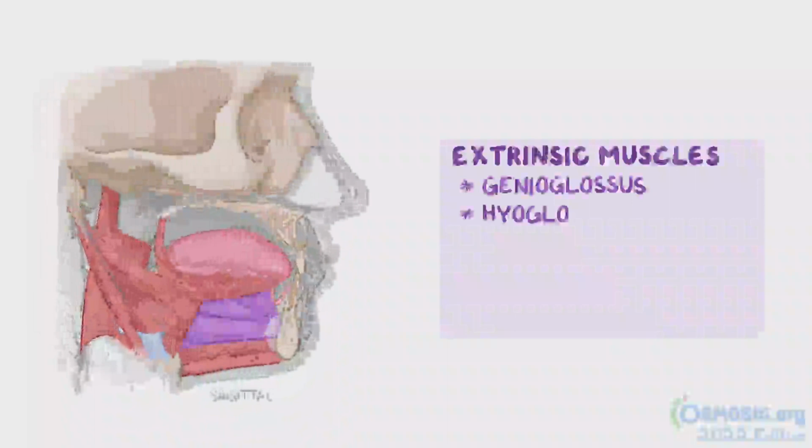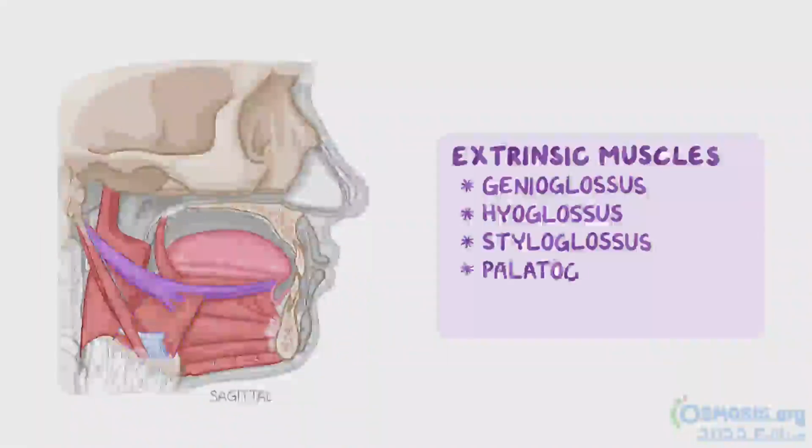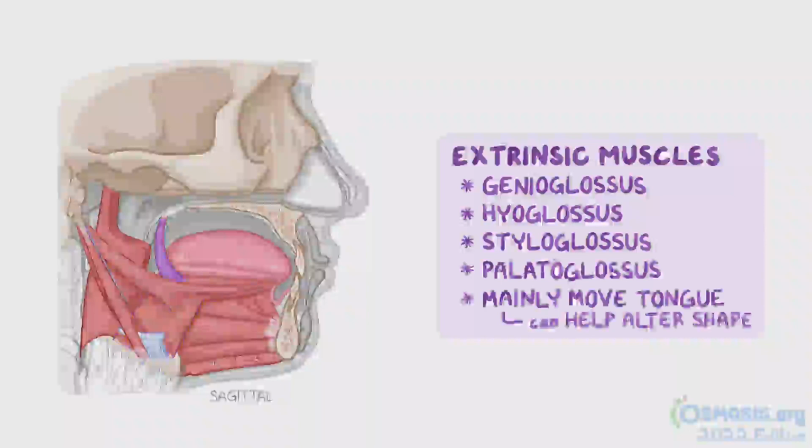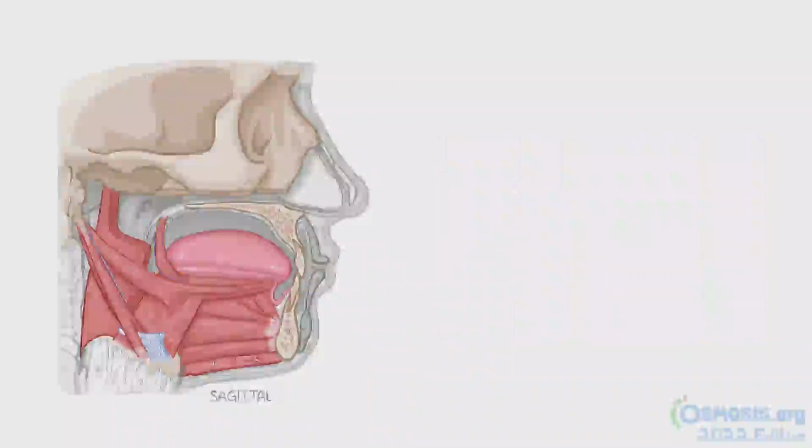Let's begin with the extrinsic muscles of the tongue, which include the genioglossus, hyoglossus, styloglossus, and palatoglossus. Their role is mainly in moving the tongue, but they can help alter its shape as well. First, the genioglossus is an anterior fan-shaped muscle that accounts for most of the tongue muscle.